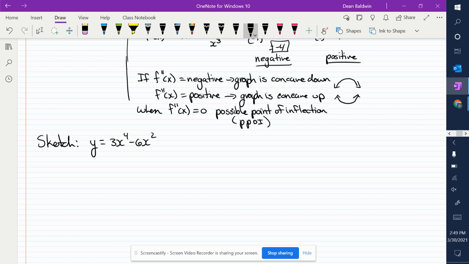All right, I'm just going to tell you the x-intercepts and y-intercepts, okay? X-intercepts are 0 and plus minus root 2, and the y-intercept is 0.